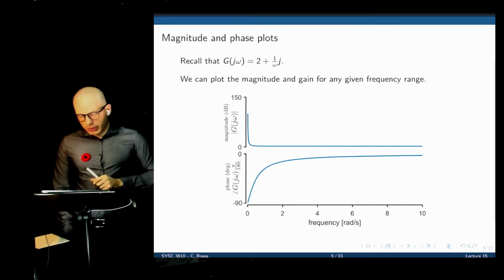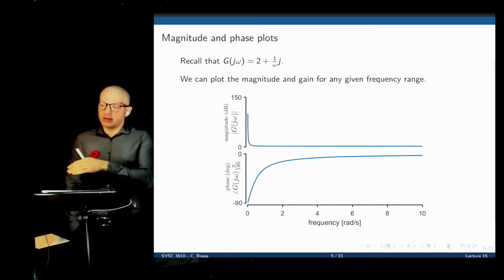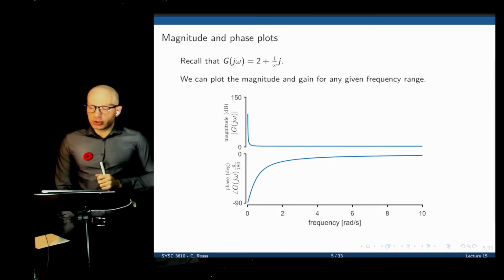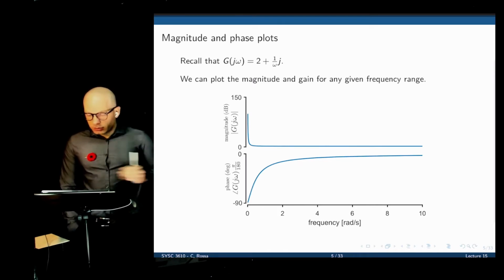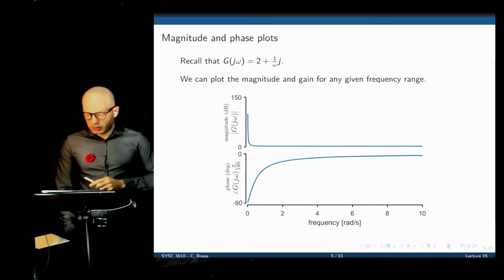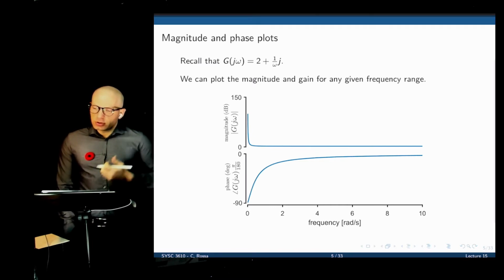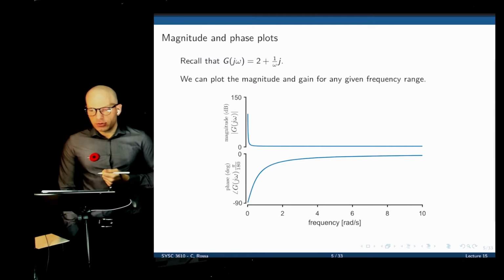What can we see here? We can see that the phase changes from negative 90 to 0, and the magnitude of the transfer function decreases sharply towards 0. So this is getting close to being a Bode plot, except that the units here are not the same as in a Bode plot.